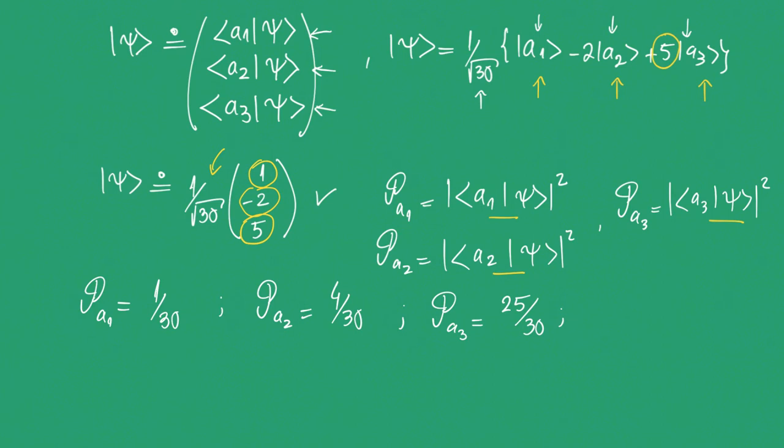Therefore, the highest probability is for this ket as well, as you can see here through this result. I did all the calculations for the probabilities directly, but of course you can still find them through the matrix notation. I'll do it in a faster way, just to show how you could do that.